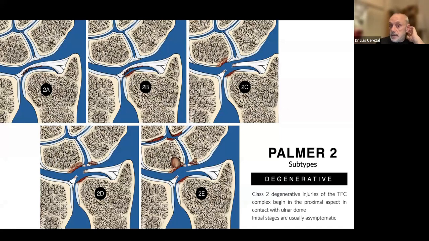This is the Palmer class 2 classification related to ulnocarpal impingement. The degenerative injuries usually start at the proximal distal radioulnar aspect of the TFC. Stage 2A is only irregularities and thinning of the TFC.